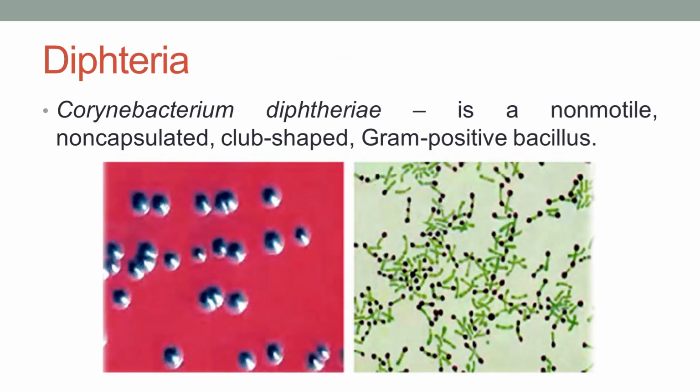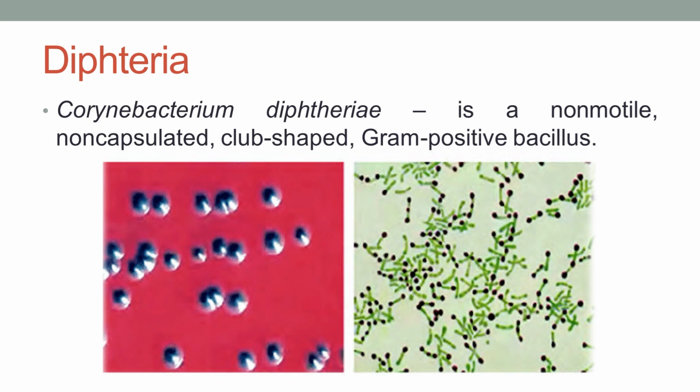Diphtheria. The next infection is diphtheria. This disease is caused by the pathogen Corynebacterium diphtheriae, which is a non-motile, non-capsulated, club-shaped gram-positive bacillus.